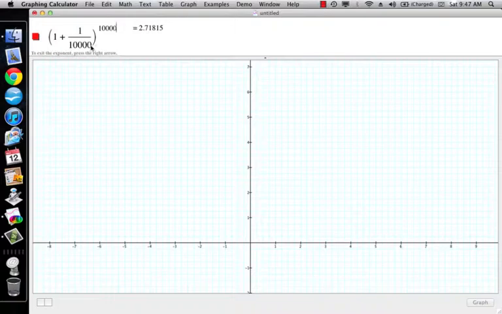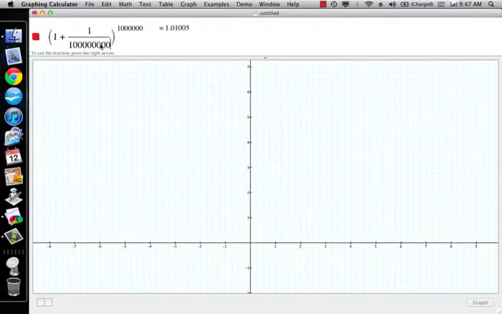2.718. Well, it's getting bigger, right? Let's make it bigger still. 2.71828. Let's make it bigger still. It's still 2.71828.